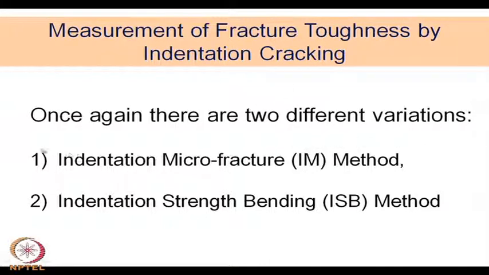So, these are the two ways of indentation followed by fracture. One is called indentation microfracture, another is called the indentation strength bending method. We will discuss these things maybe in the next class.